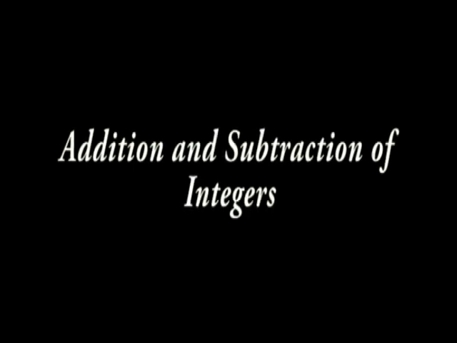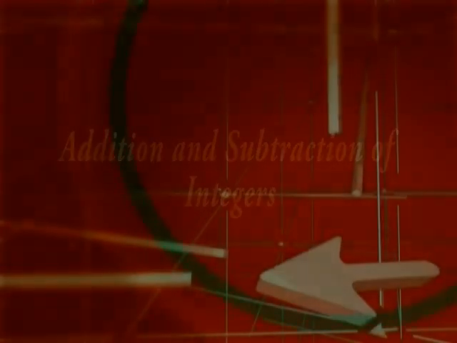Addition and subtraction of integers. When adding or subtracting integers, it is important to remember some basic principles. The sign in front of a number indicates the direction of movement. A minus indicates movement towards left.